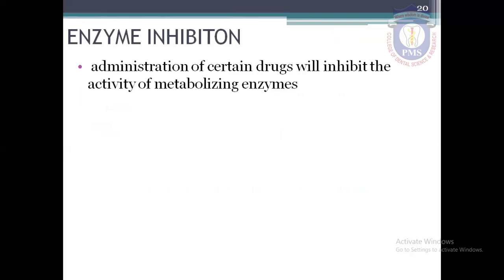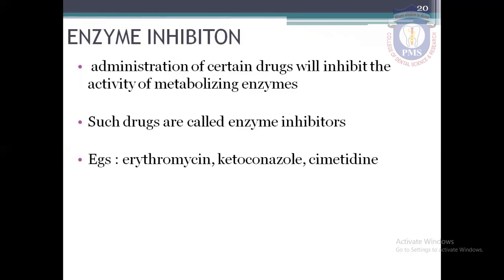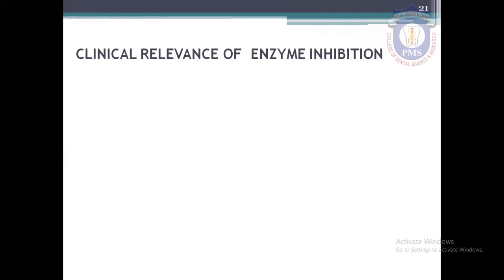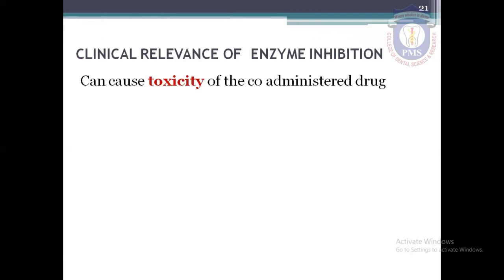Enzyme inhibition. Administration of certain drugs will inhibit the activity of metabolizing enzymes. Such drugs are known as enzyme inhibitors. Examples are erythromycin, ketoconazole, and cimetidine. Clinical relevance of enzyme inhibition: it can cause toxicity of the co-administered drug.